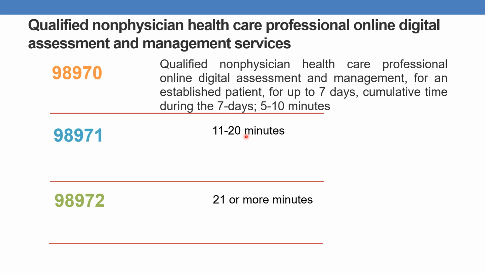If it is 11 to 20 minutes, you can report 98971. And if it is 21 minutes or more, then you can report 98972.